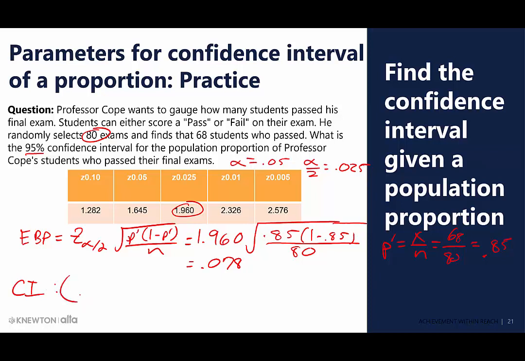And folks, we are in business because now the confidence interval for the population proportion is, you take our point estimate of 0.85, subtract away 0.078, and then we take 0.85 and we add that same 0.078. And let's see what that gives us. I need the calculator.